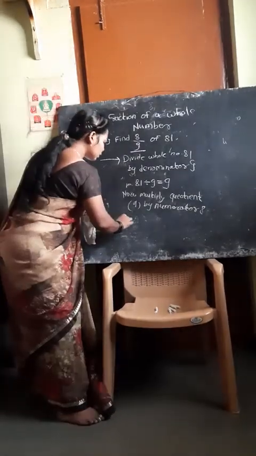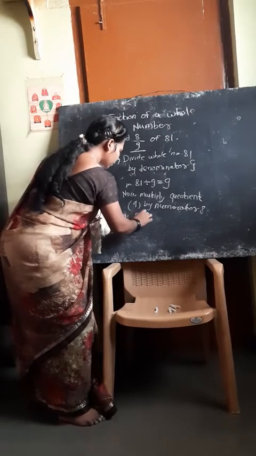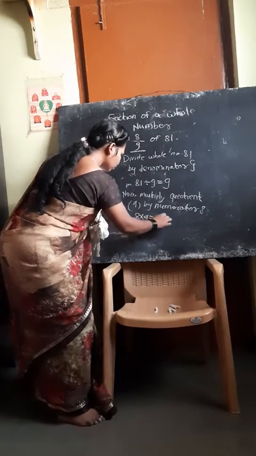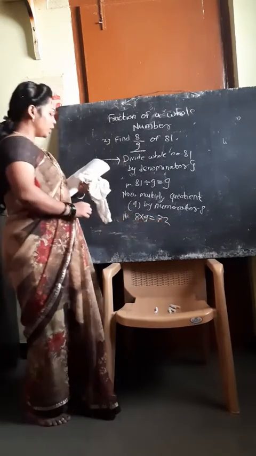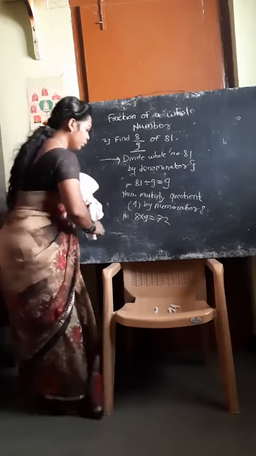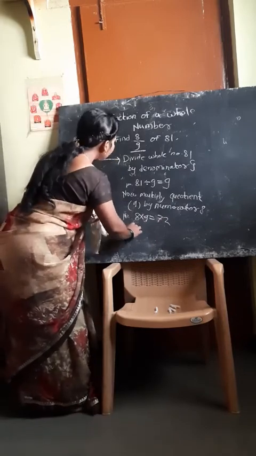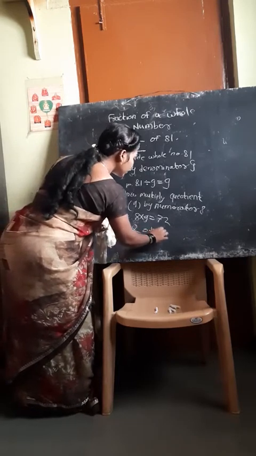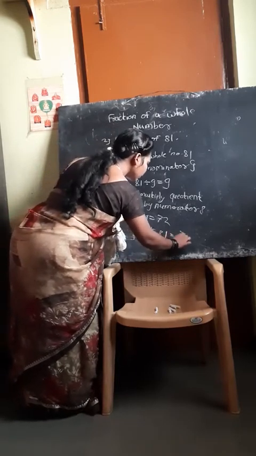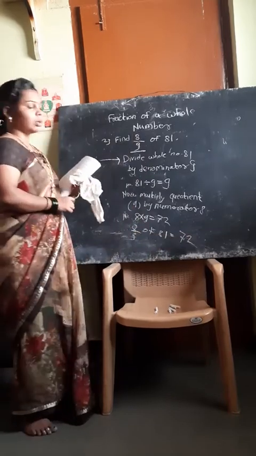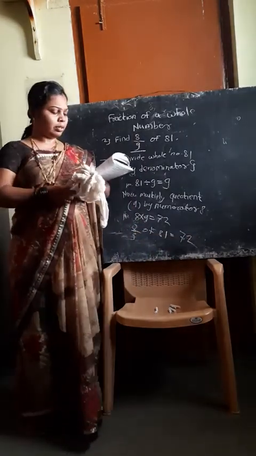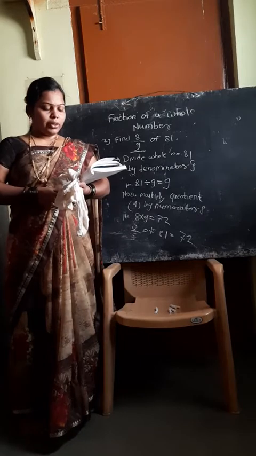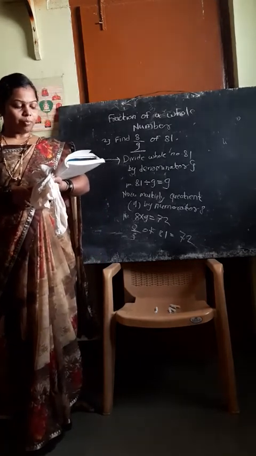That is, 8 multiplied by 9 is equal to 72, since 8 9s are 72. Therefore, 8 upon 9 of 81 is equal to 72.